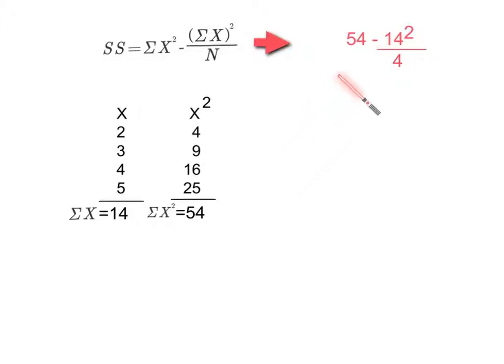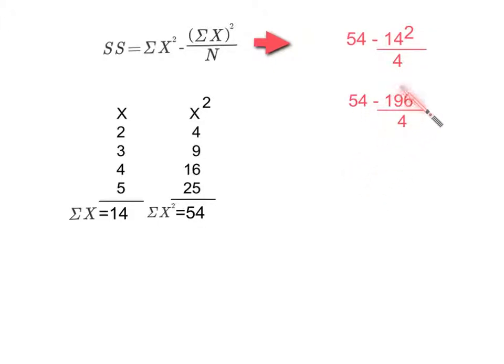Now I just have to plug those values into my expression here. So sum of the squared x values is 54. Sum of the x values is 14. I have to square it. I have to divide that by n.